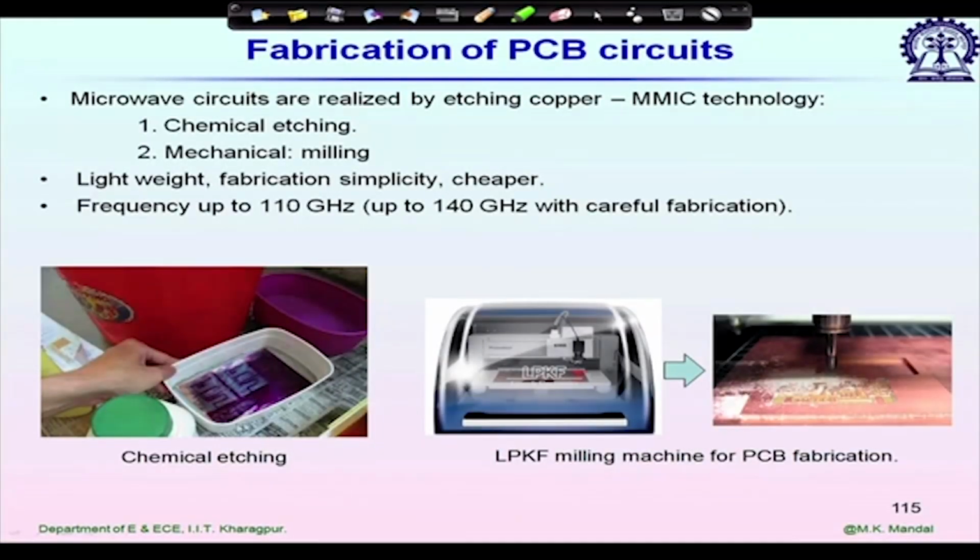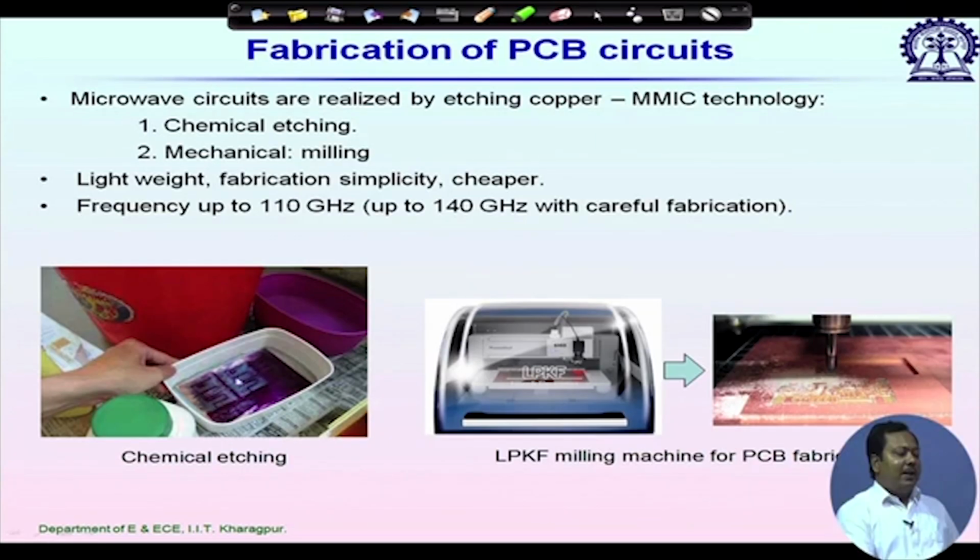This is a chemical bath, and when we immerse this copper cladded structure inside the dye, you can see the microstrip part which is actually desired. Its color is changing, and then once we keep it in an etching solution like ferric chloride, the copper from the unexposed part will etch away, and only the copper in this part will remain. That's how we can realize the top metallic pattern.